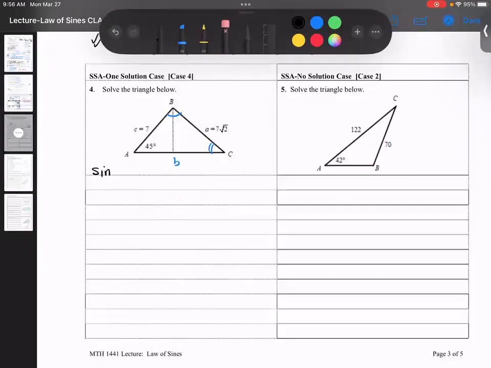So let's say start out with side A, because that's what I'm given. If it's sine big A, then it has to be over little a. And here the order doesn't matter. If I want to calculate C first, I can say sine big C over little c.